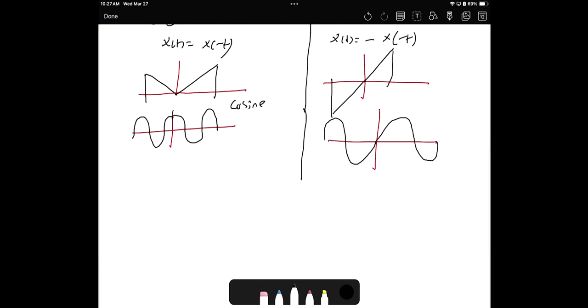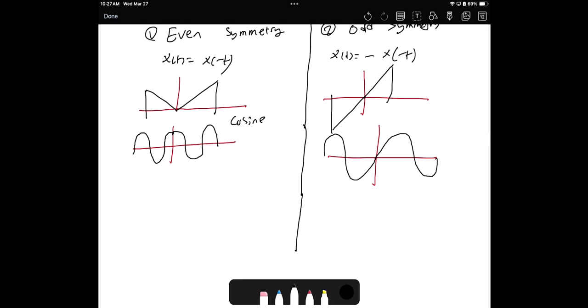There is a nice feature that we can use if it is even or if it is odd. If it is even, we can say bk will every time be 0. If it is odd, we can say ak will every time be 0.